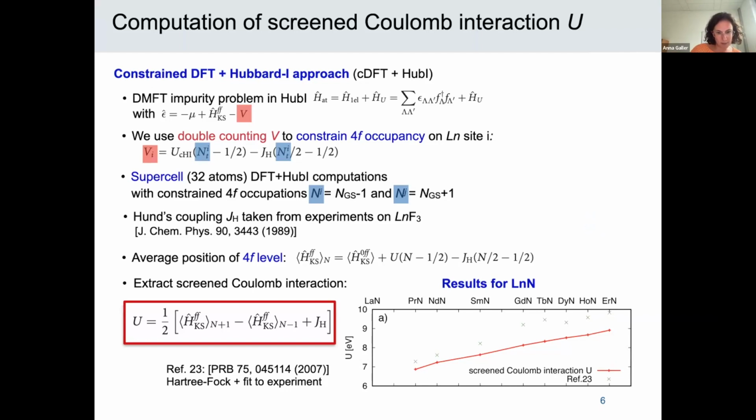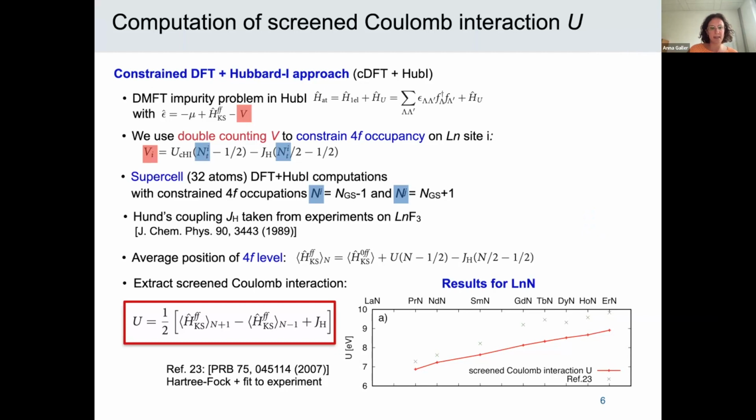So that's essentially what this formula here in red says. So this H_KS^FF is the Kohn-Sham Hamiltonian projected on the f orbitals. So it's the average position of the 4f level on this rare earth site where I constrained the occupancy to n+1, while the other one is the site where I constrained the occupancy to n-1.